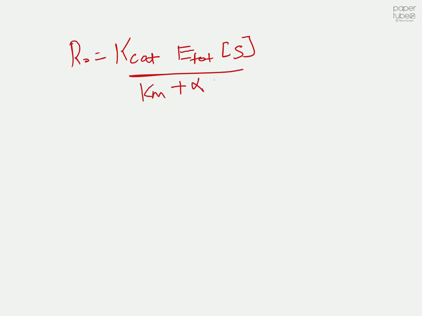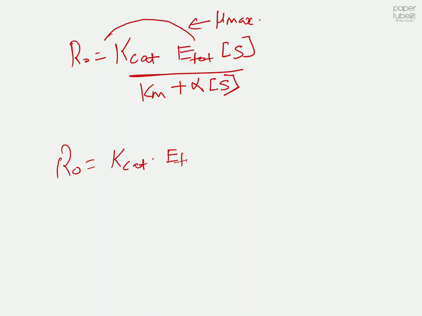So R0 will be equal to K catalyst multiplied by E total multiplied by the substrate concentration divided by Km plus alpha multiplied by S. This is a very tricky expression, so let's try to make sense of it. K catalyst multiplied by E total is nothing but your mu max, the maximum initial velocity.